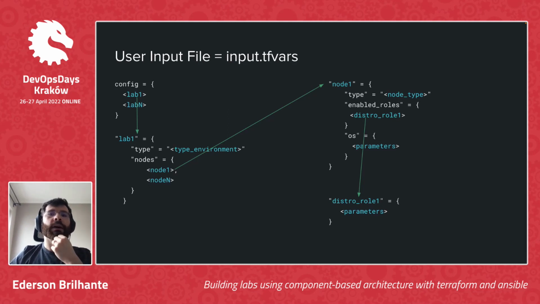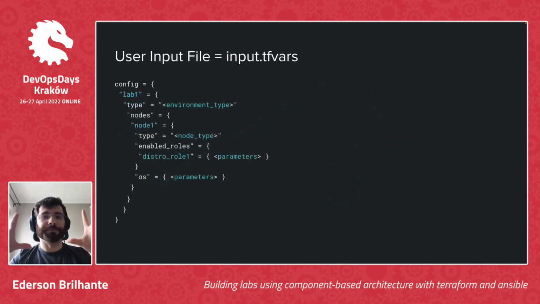That's why you have these parameters. And you also have the OS block, where you decide which distro and version you want. Let's say Windows 2016 or 19, or Ubuntu 20, Debian 11. So you decide the version and the distro that you want for this node.